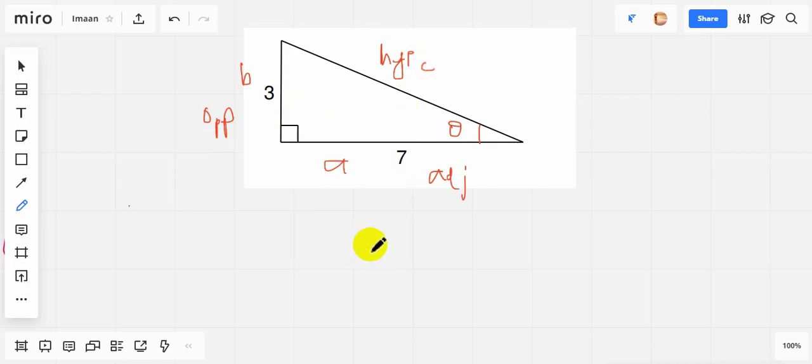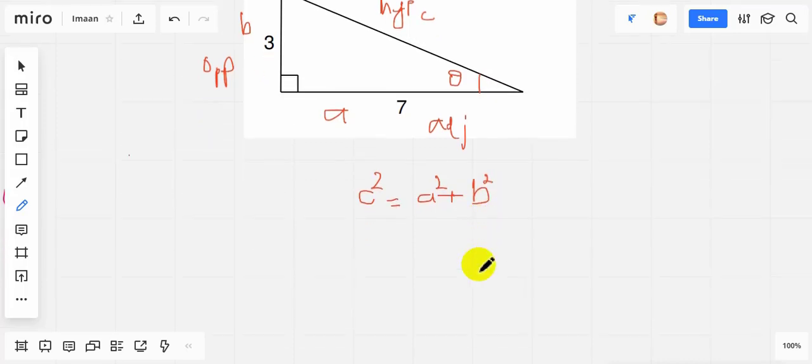Now let me write down the Pythagorean theorem, which is c squared equals a squared plus b squared. What are we required to find? The hypotenuse side, that is missing. The adjacent side is 7, the opposite side is 3. And now we need to find the hypotenuse, so we can find it in this Pythagorean theorem.